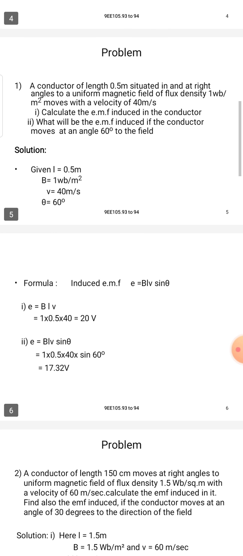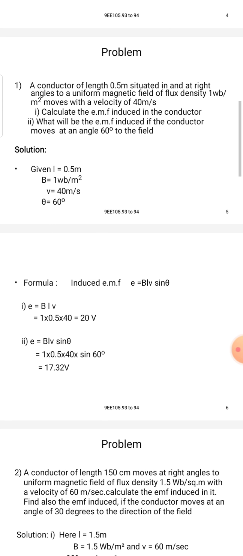In the given problem, some data is given. You can find the induced EMF in the conductor, and the induced EMF at an angle of 60 degrees to the magnetic field, so two different conditions.